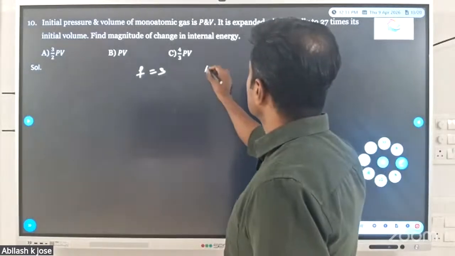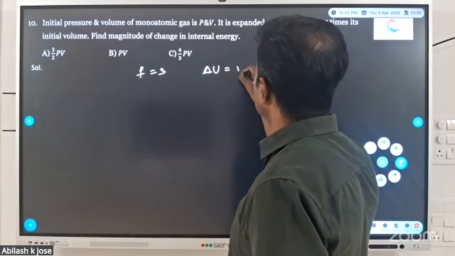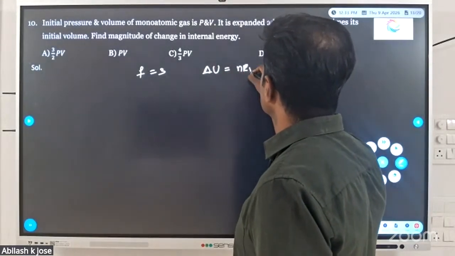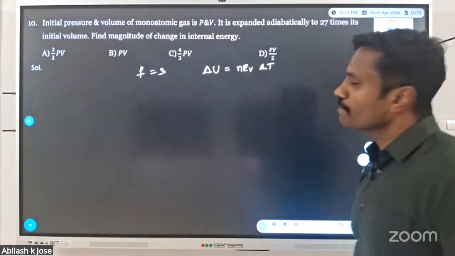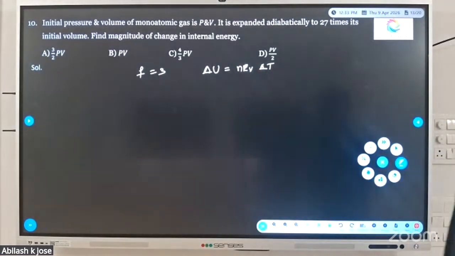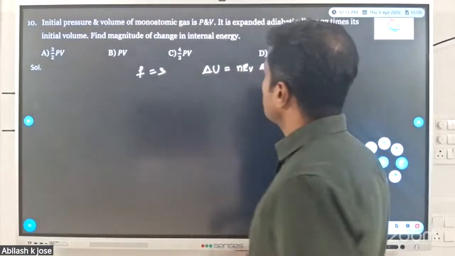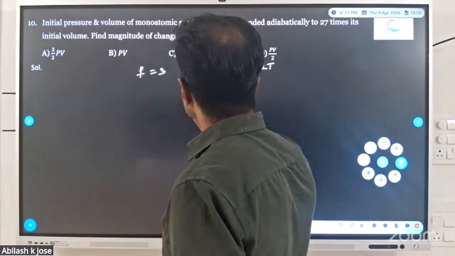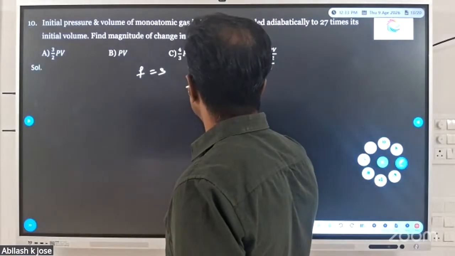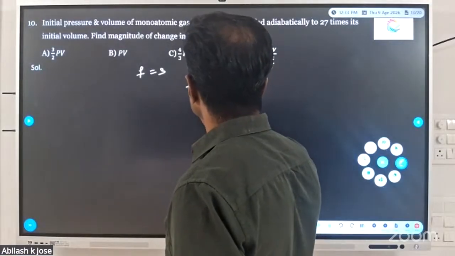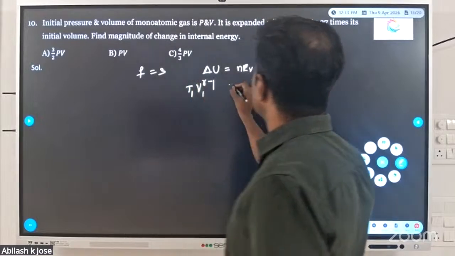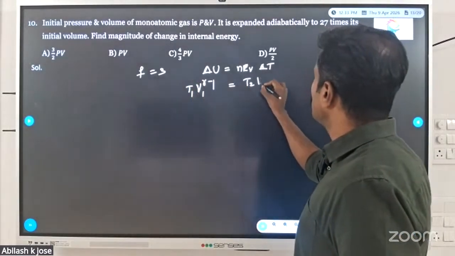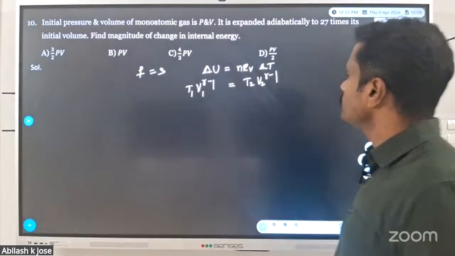You know that change in internal energy delta U is equal to n Cv delta T. So now we need to find out the change in internal energy. It's an adiabatic process, so T V to the power gamma minus 1 is constant. So T1 V1 to the power gamma minus 1 is equal to T2 V2 to the power gamma minus 1.